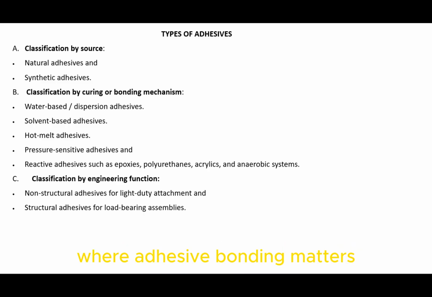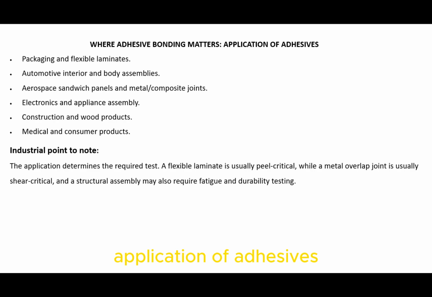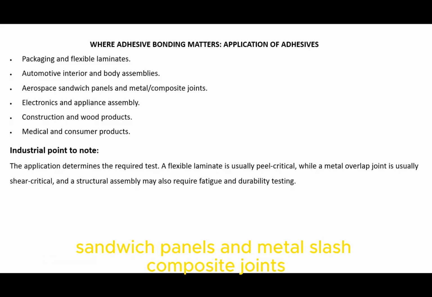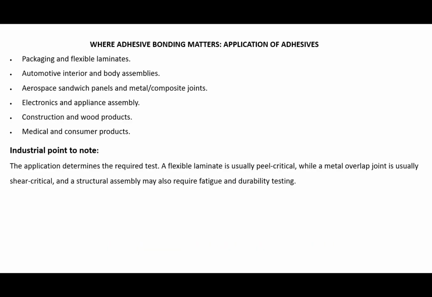Where adhesive bonding matters, application of adhesives. Packaging and flexible laminates. Automotive interior and body assemblies. Aerospace sandwich panels and metal/composite joints. Electronics and appliance assembly. Construction and wood products.